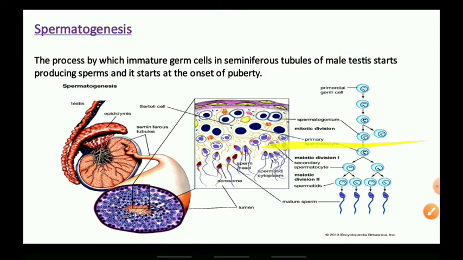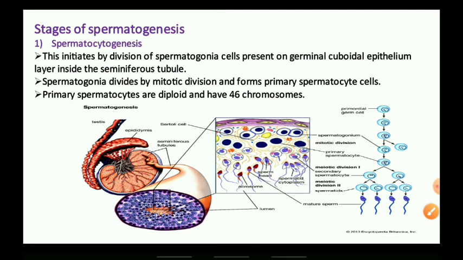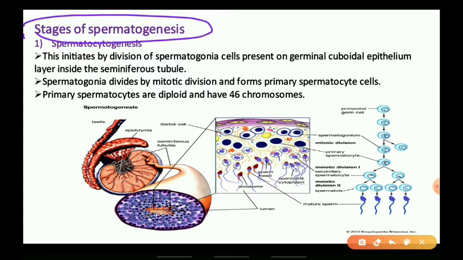Now let us see what is spermatogenesis and the stages of spermatogenesis. The first stage is called spermatocytogenesis. Spermato and cytogenesis means the formation of sperm cells.